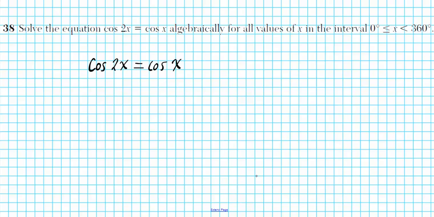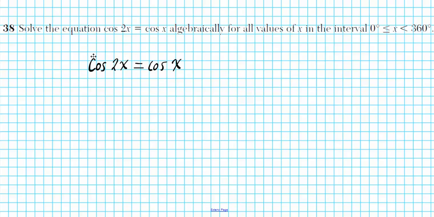Now, first thing we're going to do is to try to create a quadratic equation. Okay, we're going to use our identities to create a quadratic equation that hopefully we can solve by factorization. If you look at those two functions we have here, we have cosine 2x and we have cosine x.